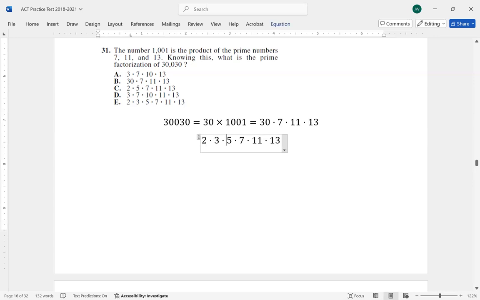So that's what we end up with. The prime factorization is 2 times 3 times 5 times 7 times 11 times 13. And that is option E. So the correct answer for question 31 is E. Again, we need to break down the 30 into prime numbers.